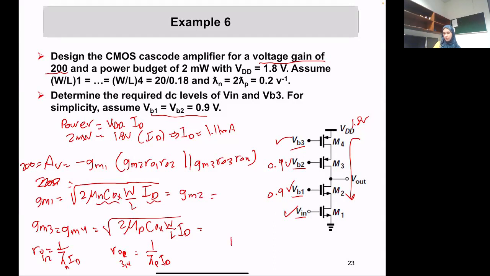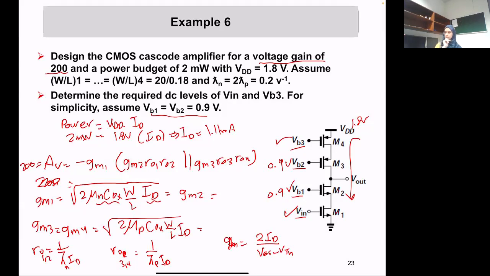Also, we know that the GM of the transistor equals 2ID over VGS minus V threshold. So we can find from VB.